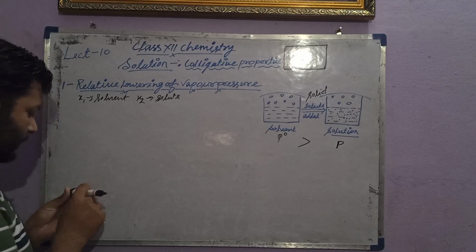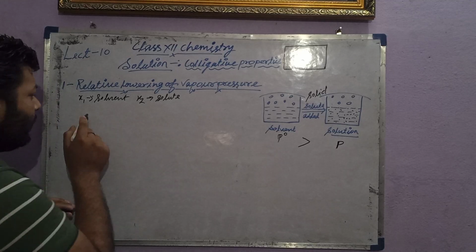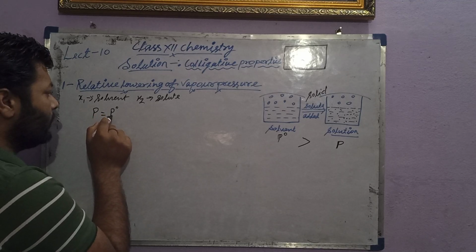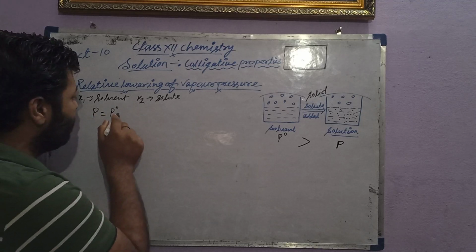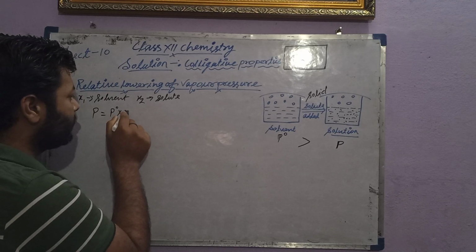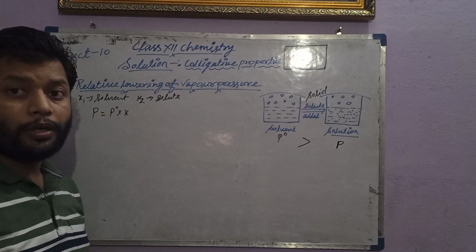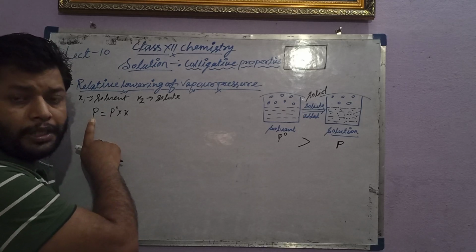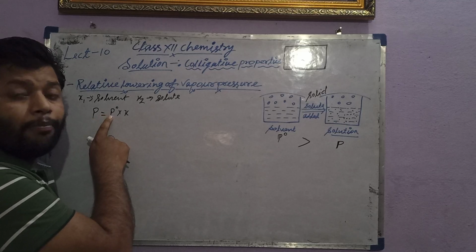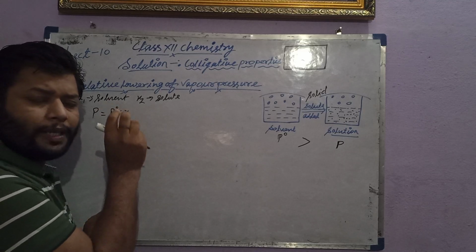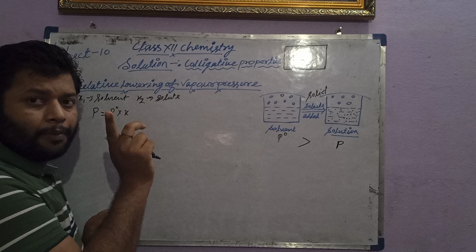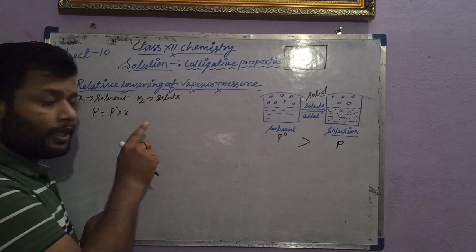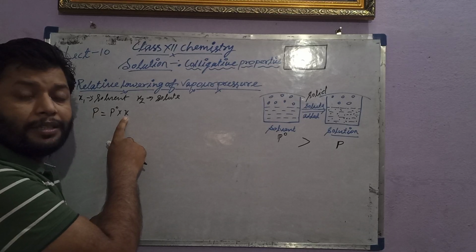So you know that according to the formula, P equals P naught into X. But you know that the vapor pressure over the solution always depends upon the mole fraction of the liquid, because whatever the vapor pressure is over the solution or over the solvent, this is because of the process of evaporation of the liquid.